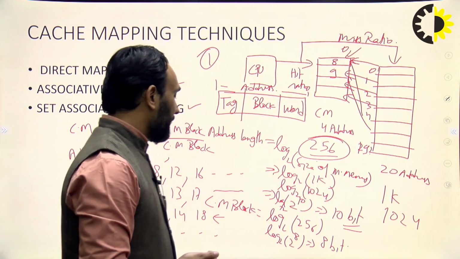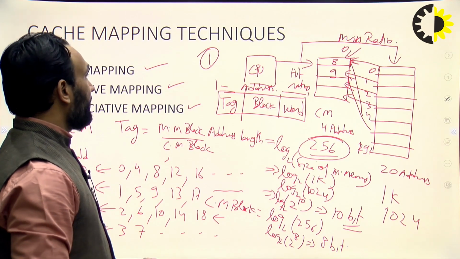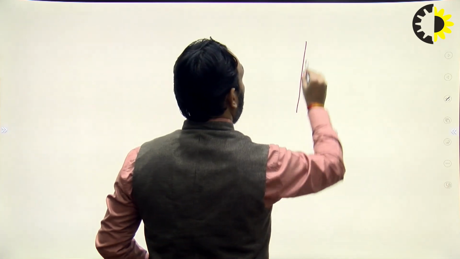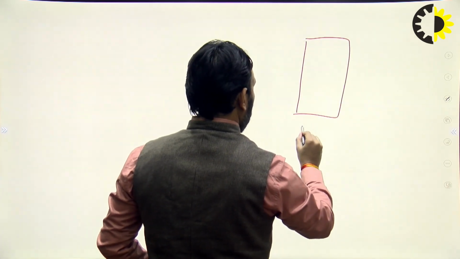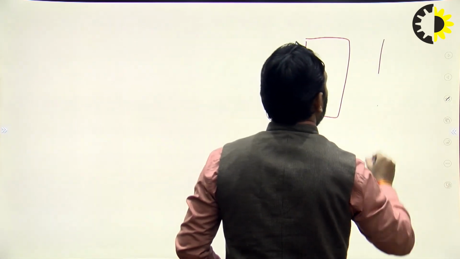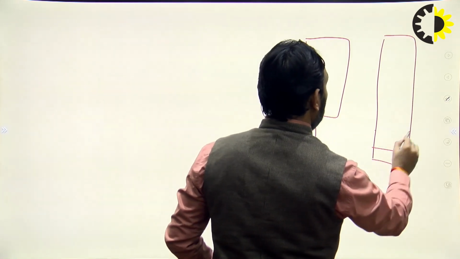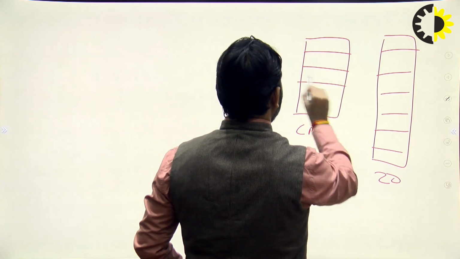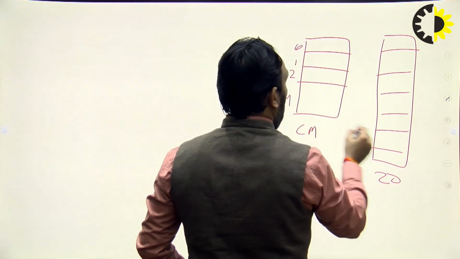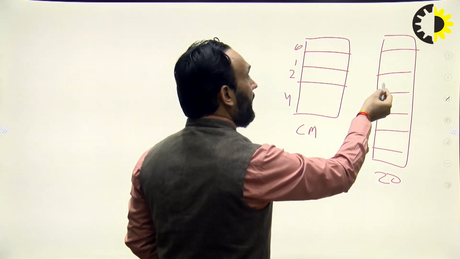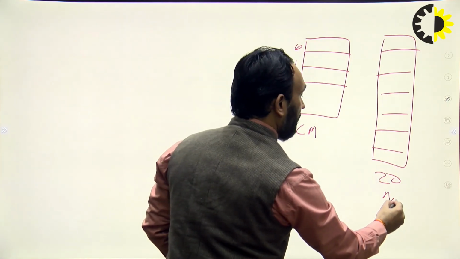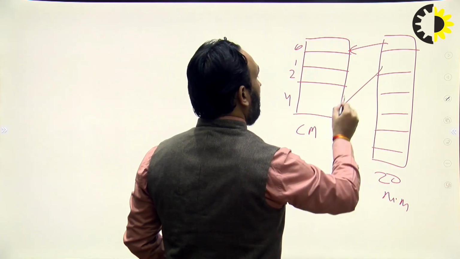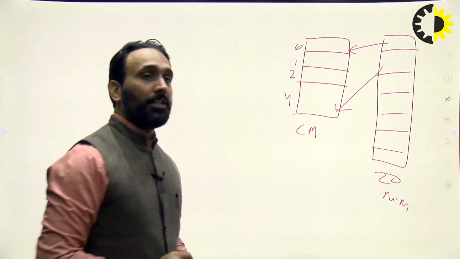And what is the basic difference between direct and associative mapping? In associative mapping, the cache memory location and main memory location are dynamic, meaning any address from the main memory can be mapped anywhere in the cache memory.